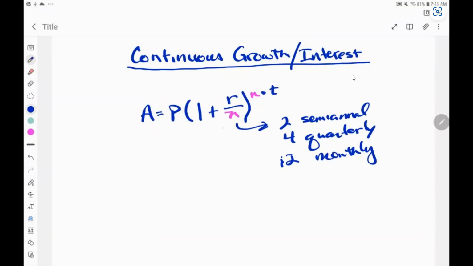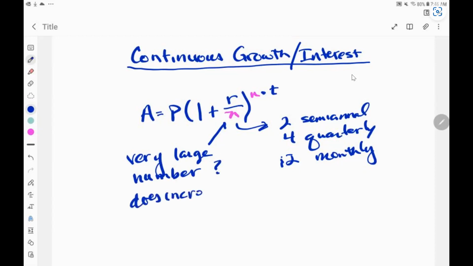All right, but what happens when this gets to be a very large number? What happens? Does it increase forever?